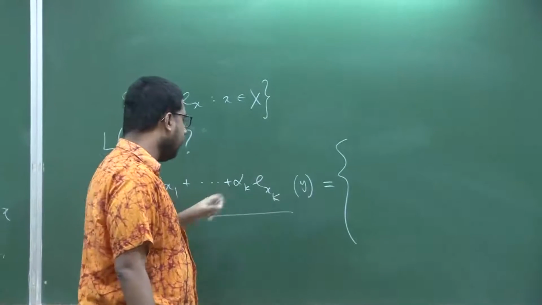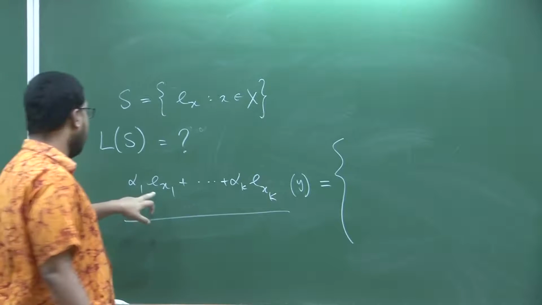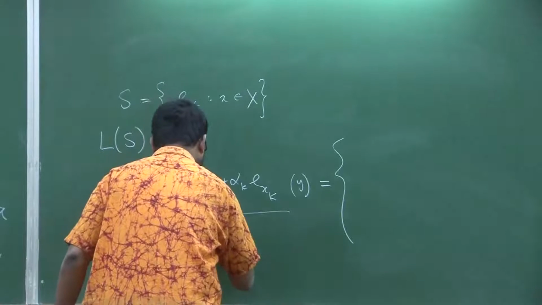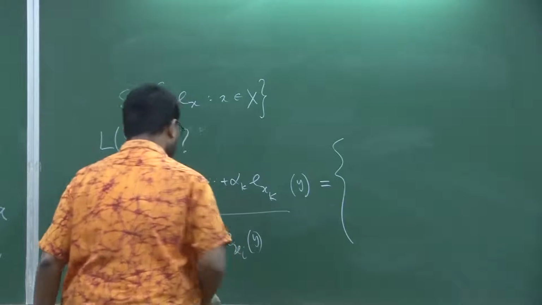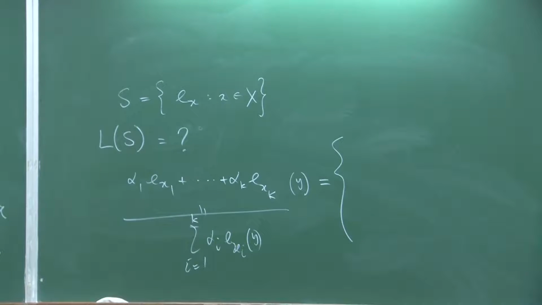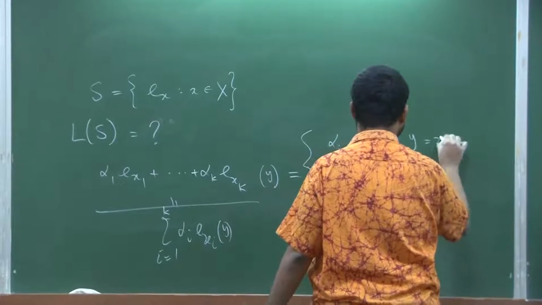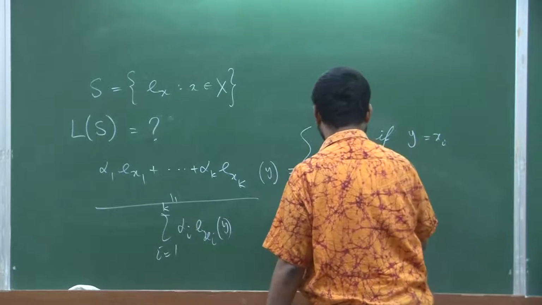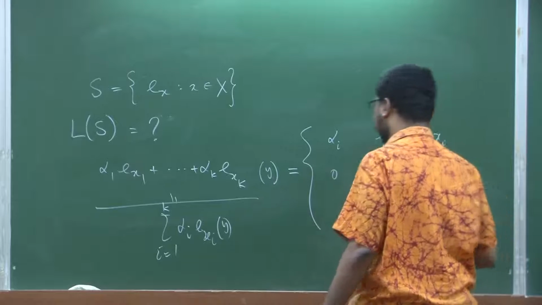Since the addition is defined pointwise, this will be alpha 1 E x1 of y plus alpha 2 E x2 of y, and so on, the sum of alpha i E xi of y, i from 1 up to k. Now use the definition of Ex for general x. This turns out to be alpha i if y is equal to some xi, and 0 otherwise, that is, if y is not equal to xi for all i.